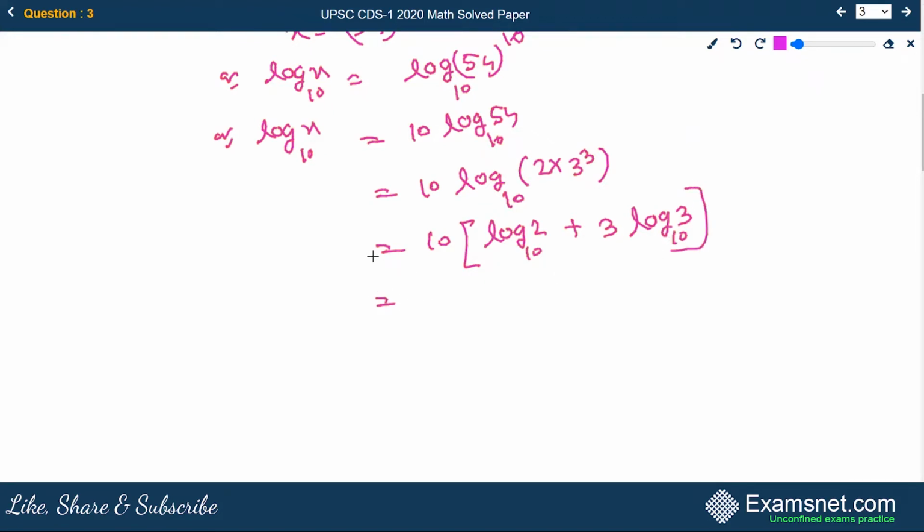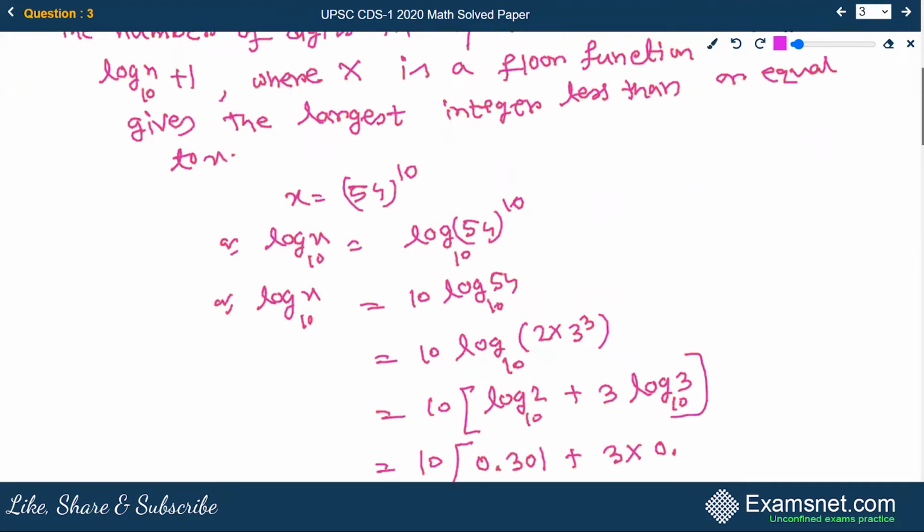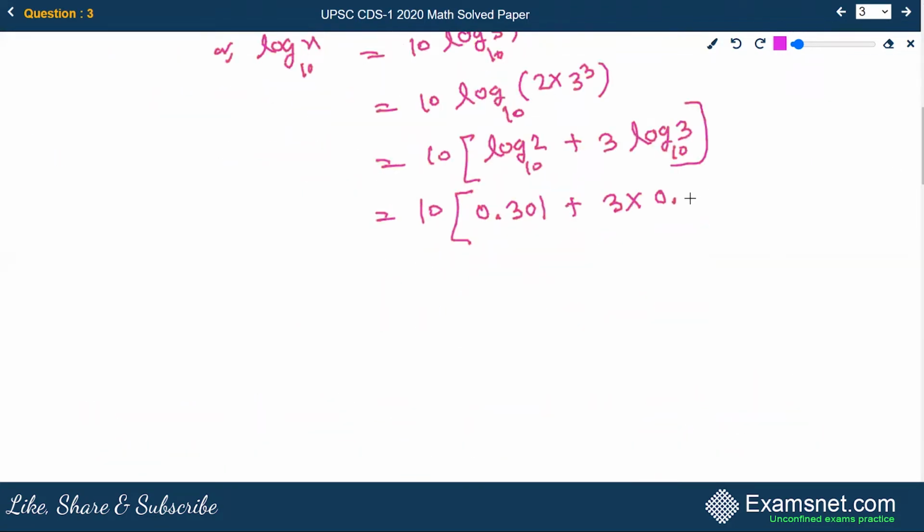We can use the values also. Log 2 to the base 10 is 0.301, and it is 3 multiplied by 0.477.